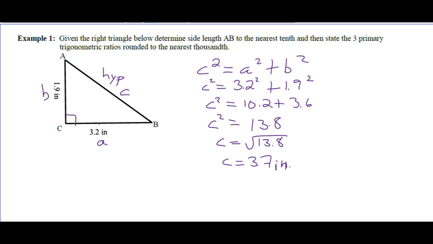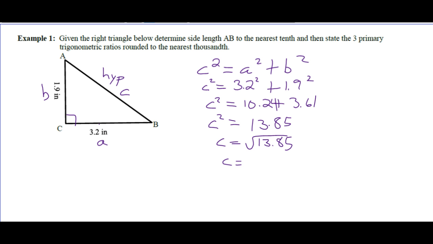Hang on. Right, so I've got to go back to float. You've got to watch out if your calculator's on float or round. So 3.2 squared is 10.24, and 1.9 squared is 3.61. So that'll be plus, is 13.85. Right.